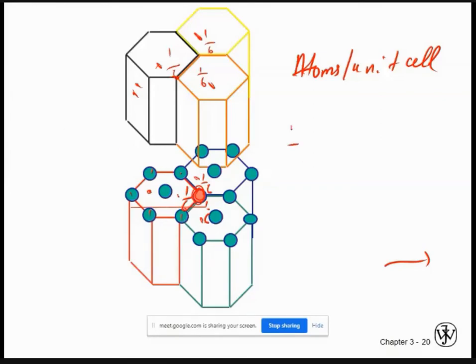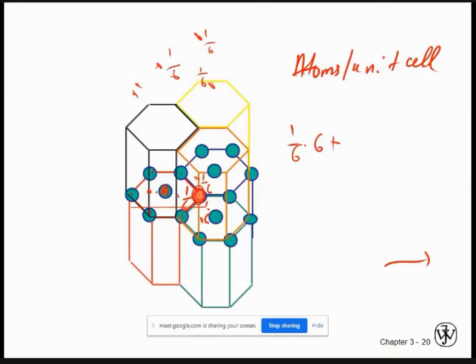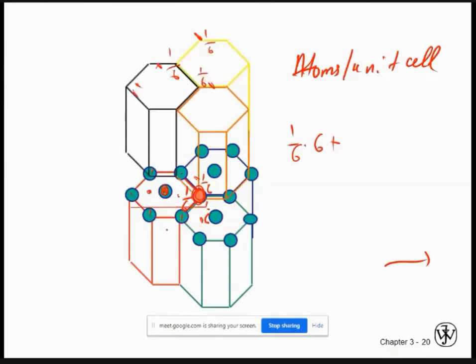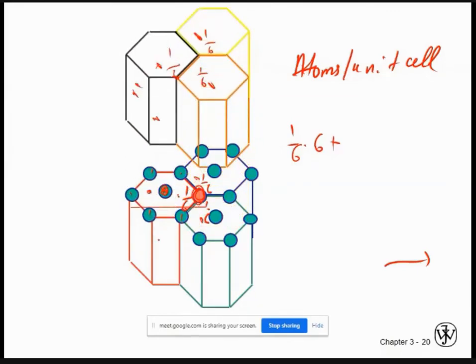So it will be 1/6 multiplied by 6 plus this atom over here is shared by 2 hexagons. So this black and red shares this atom. So it will be half over here and half over here plus half.